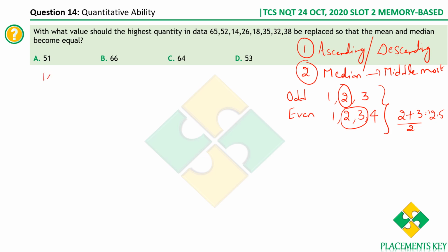Then we have 18, then 26, then 32, then 35, then 38, then 52, and then 65. So we have arranged this in ascending order. Step 1 is done.